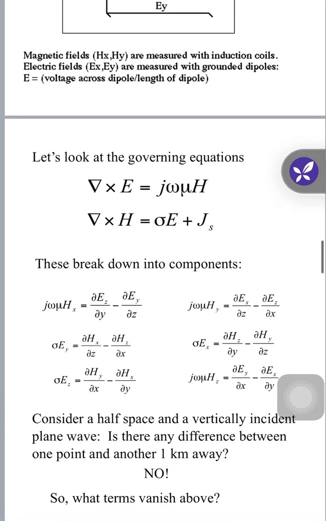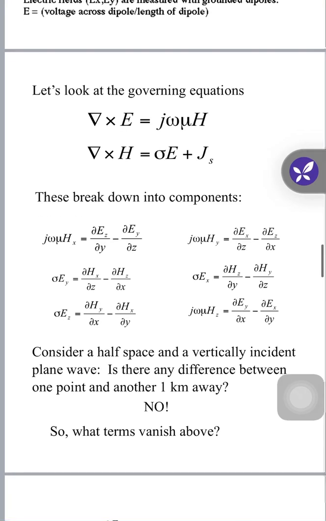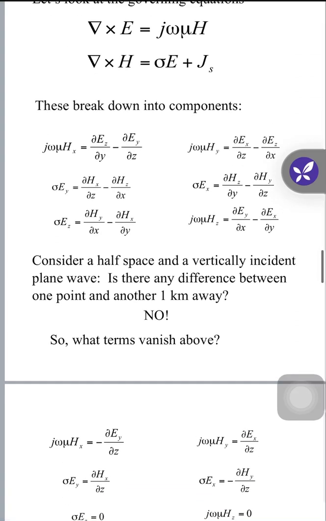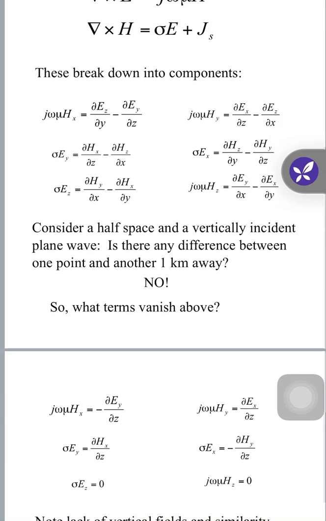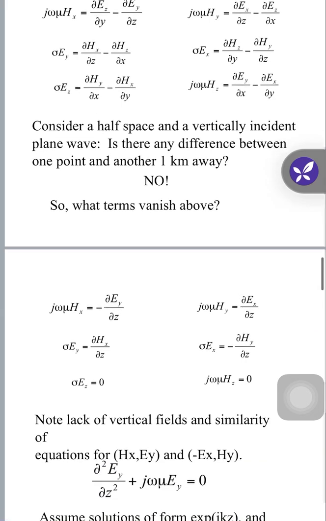Let's look at the governing equations of electromagnetism. Basically these are the wave equations, or the modified form of Maxwell's equations, and below are the further calculations of these Maxwell equations. I will not go into much detail of these calculations because they would take half of my overall presentation.